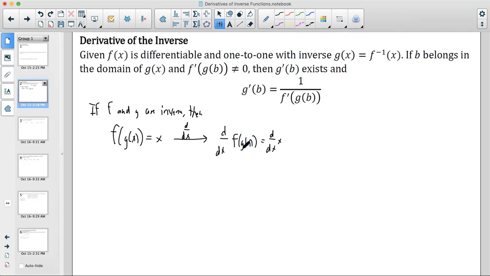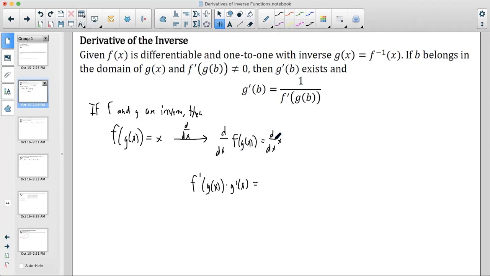It's the derivative of some composition, and that is f prime at g of x times g prime of x. This is exactly how we learned it the first time. The derivative of a composition is the derivative of the outside at the inside, leaving g of x there, times the derivative of the inside. This is the chain rule.